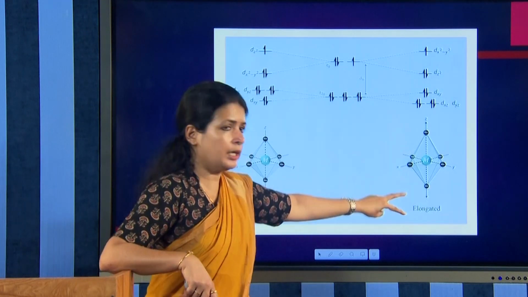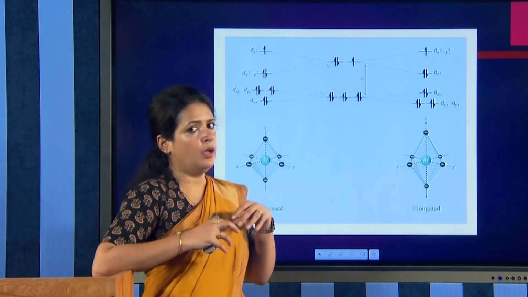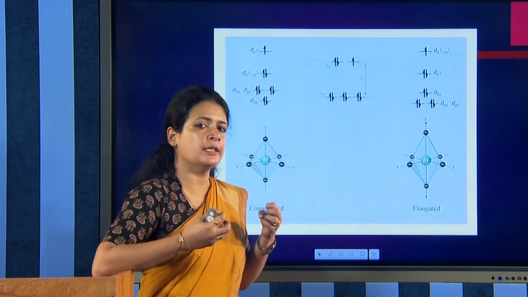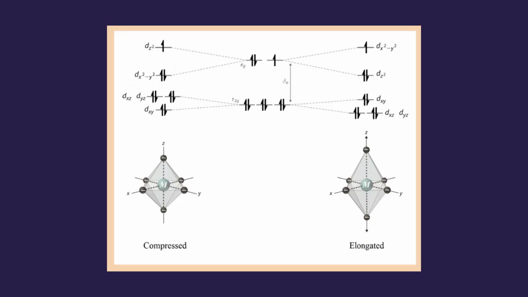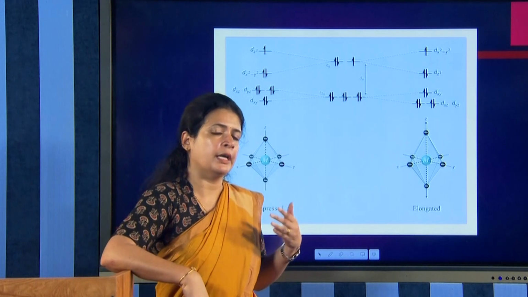And when it is tetragonally elongated, what will happen? The orbitals lying along the z axis will have a lower repulsion, or the energy will be decreased. Which are the d orbitals connected to the z axis?